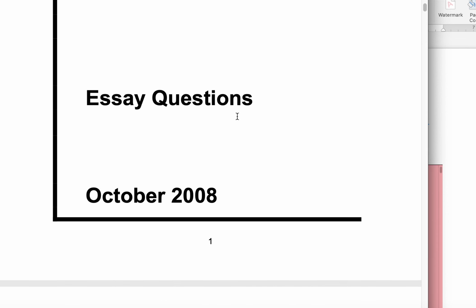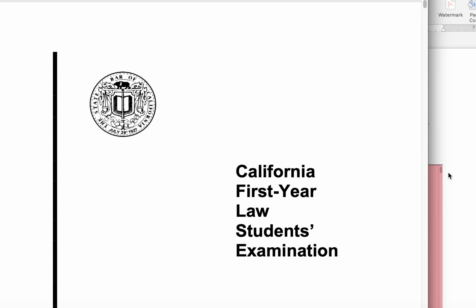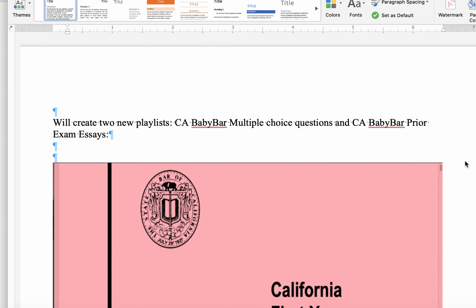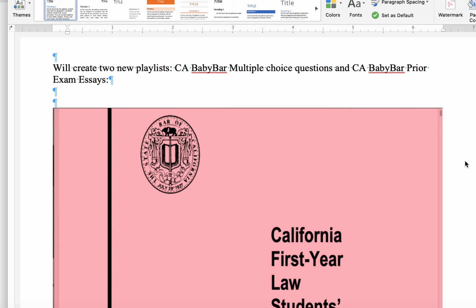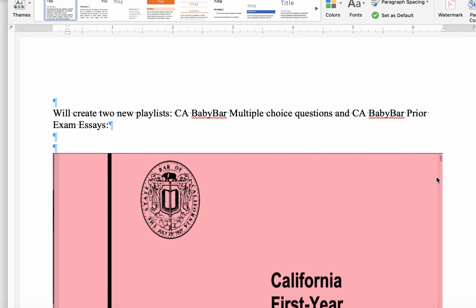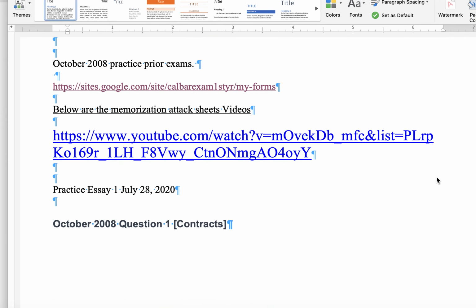It just takes practice, understanding what the examiners are looking for, and letting them know what you know, and that you can answer like a lawyer, analyze it, synthesize it, and show your work.